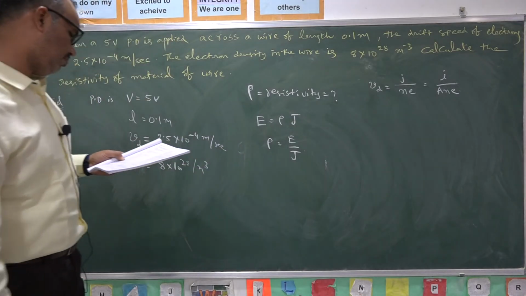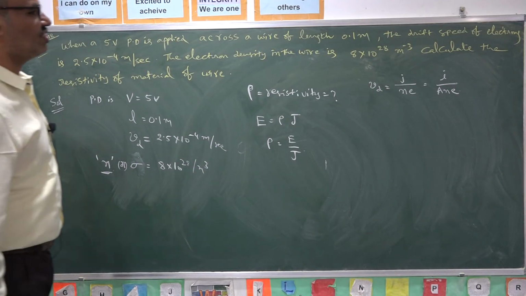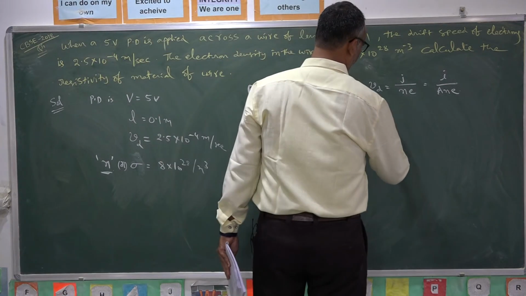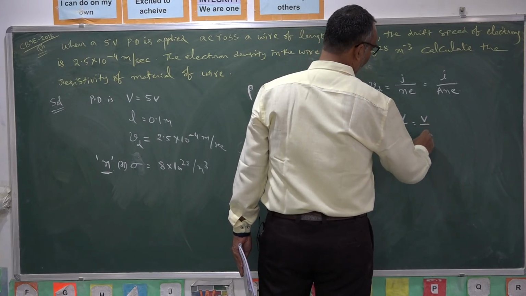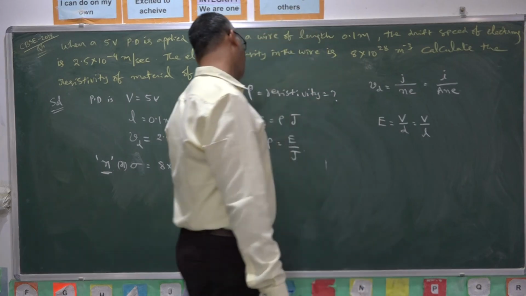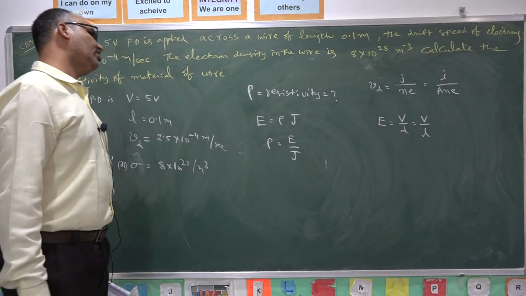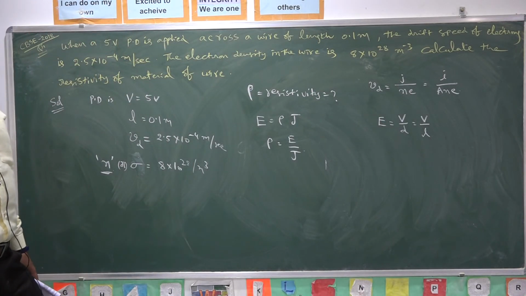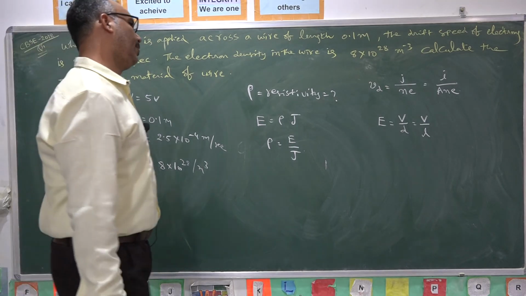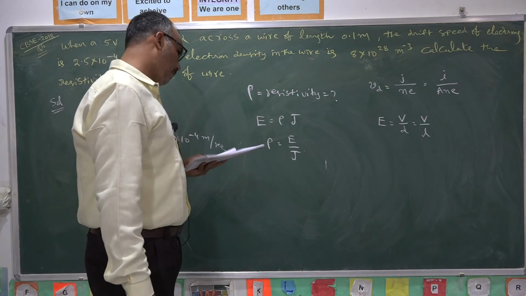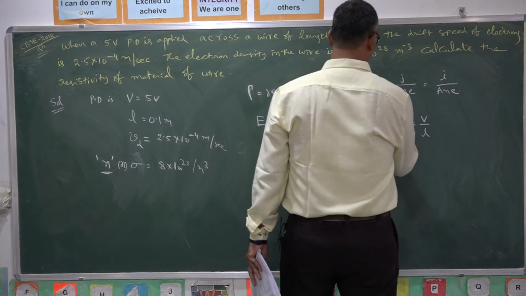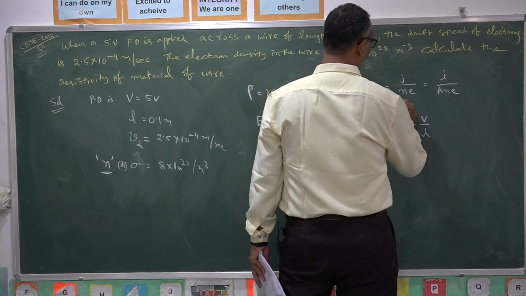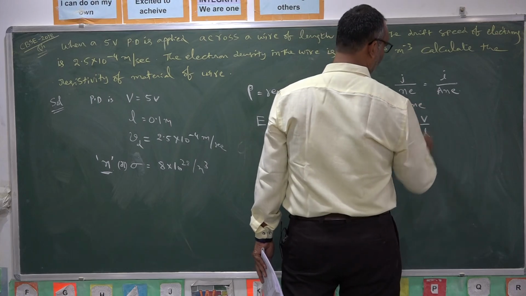And also electric field strength is given by E is equal to V by d, the general formula, or V by L. So if I substitute the value of J from here, you can write J is equal to Vd Ne.